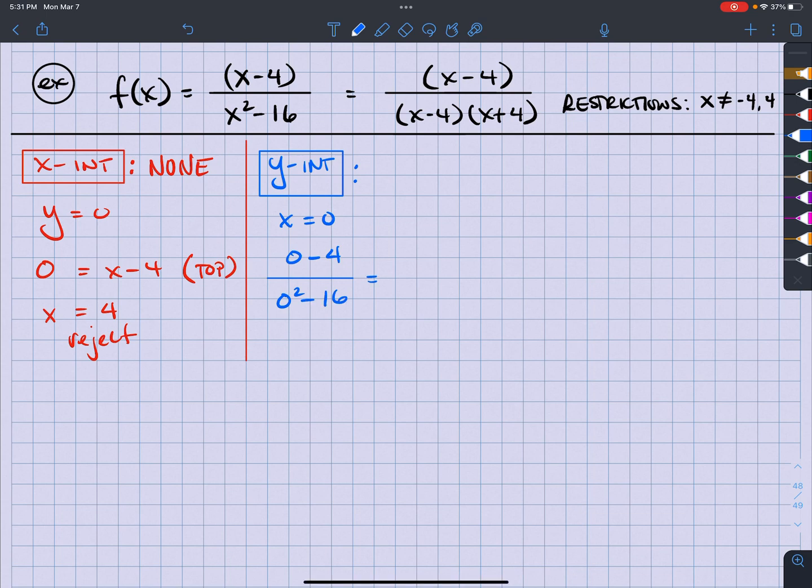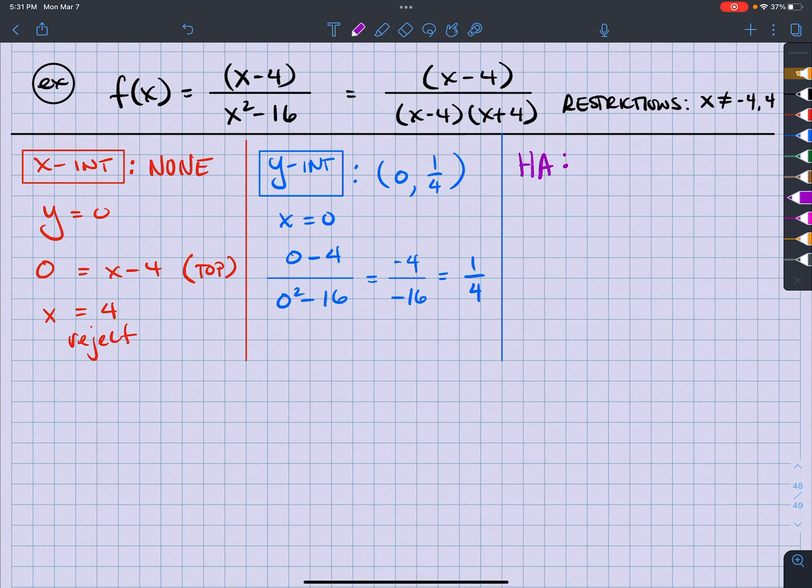Well, that's going to equal negative 4 over negative 16, which is equal to 1/4. So this is going to be (0, 1/4). Okay, so that's done.